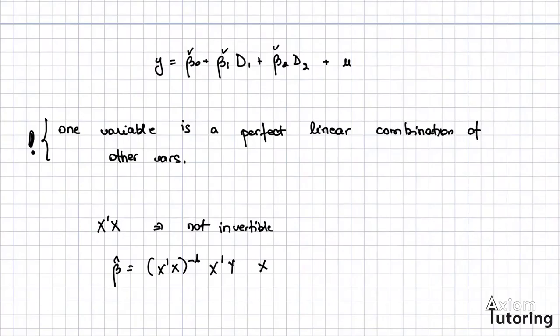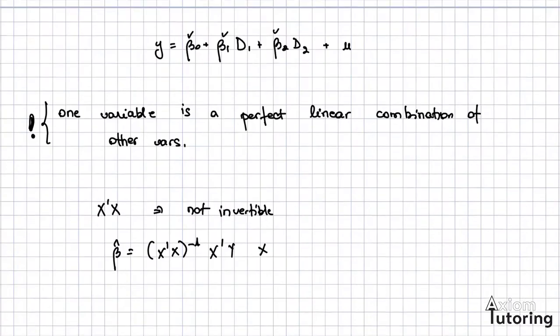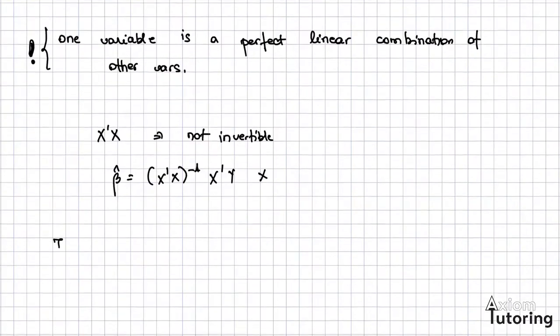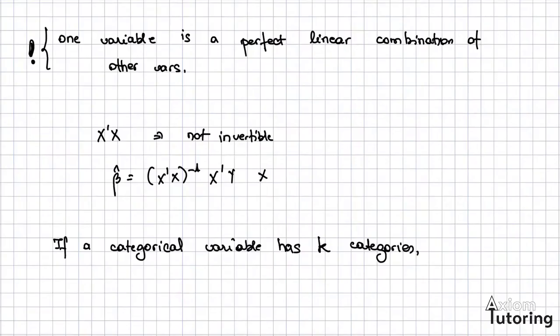So what is the solution? The rule is very simple. If a categorical variable has k categories, include only k minus 1 dummy variables.